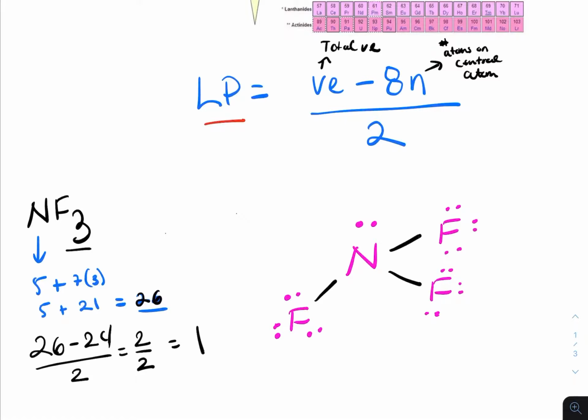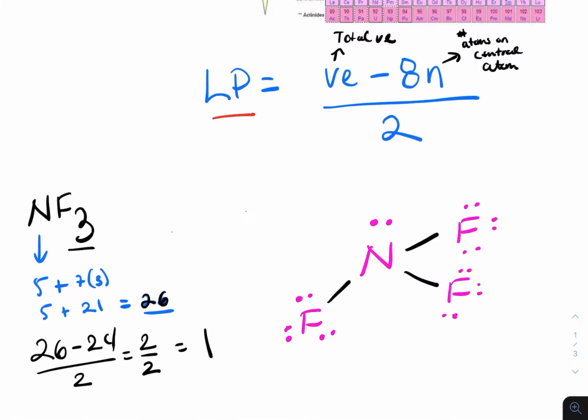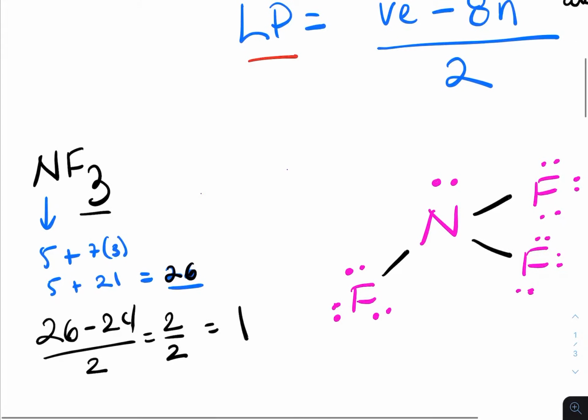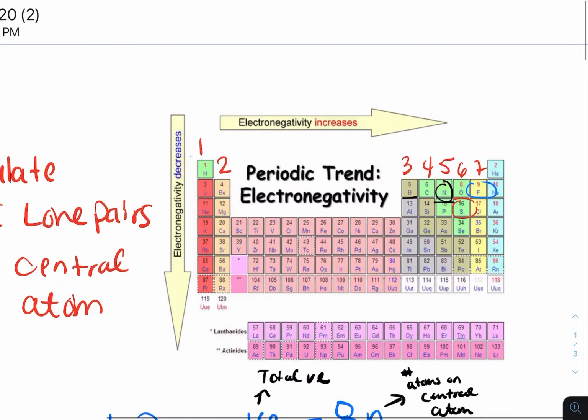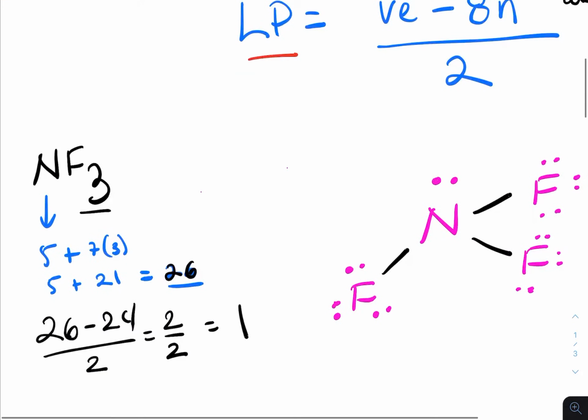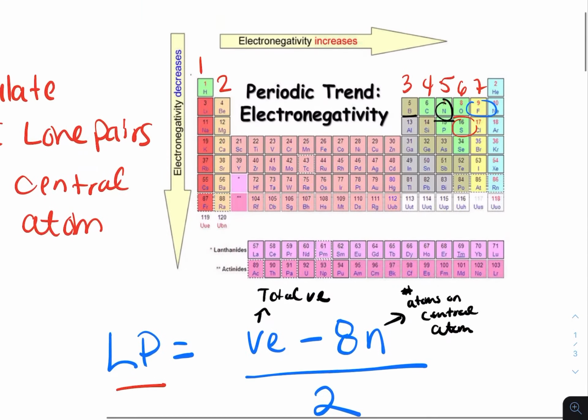So nitrogen trifluoride. We know that nitrogen is in group 5, right? So the group number is also telling us the number of valence electrons. That's why I have the periodic table here, so we can use it as a guide. So 5 for nitrogen, plus 7 because fluorine is in group 7.